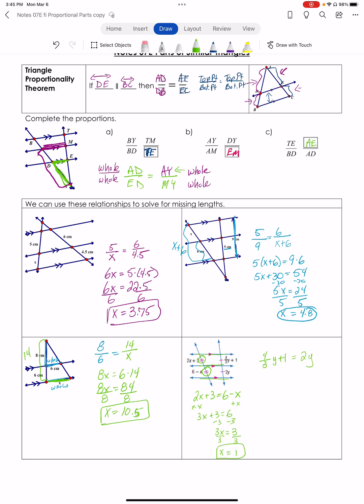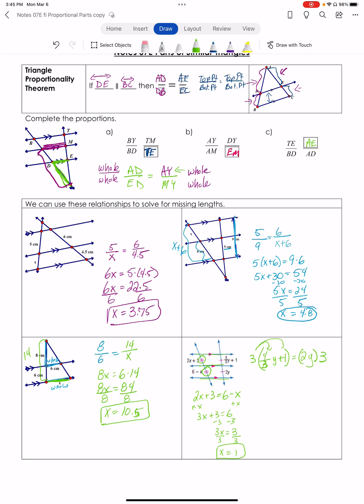So this one here is a bit more complicated. I think it's good for you to deal with the fractions, but I think we'll clear them in this case. So say I have an equation, and I want to get rid of dividing by 3. I'm going to multiply each side by 3.